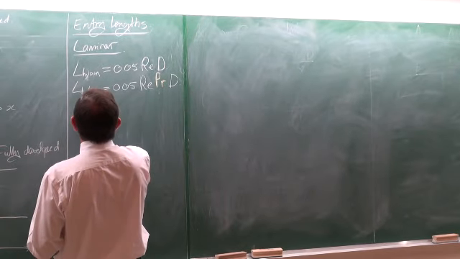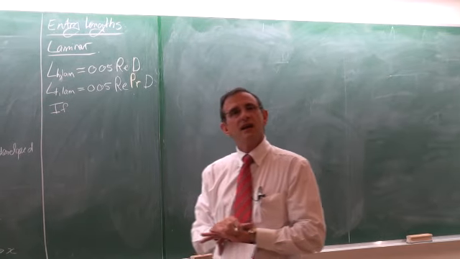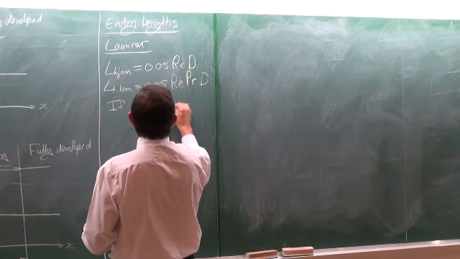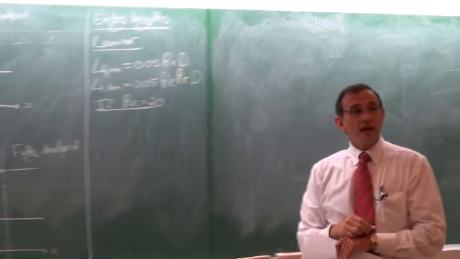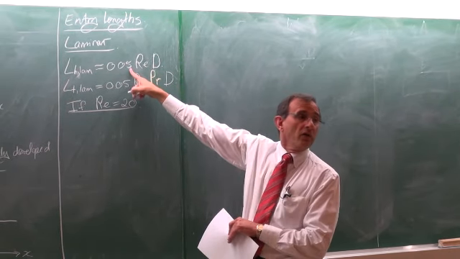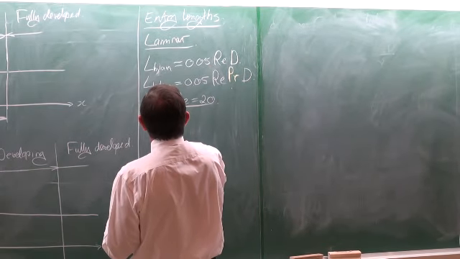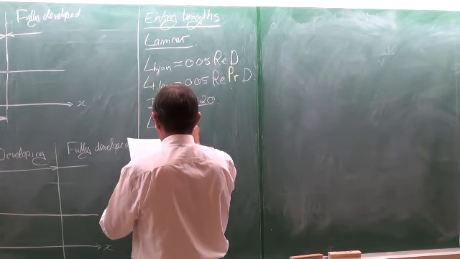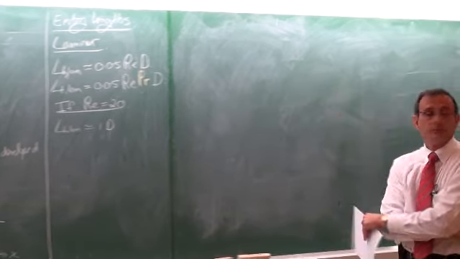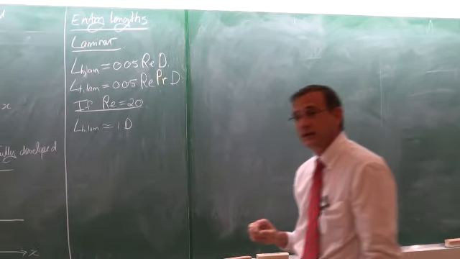Let's consider just two practical examples. Firstly, let's consider a very low Reynolds number. Let's suppose the Reynolds number is 20. Okay, if the Reynolds number is 20, so 20 times 0.05 is about 1. Then it would mean that LH for laminar flow is approximately 1 diameter. Just 1 diameter for Reynolds number of 20.